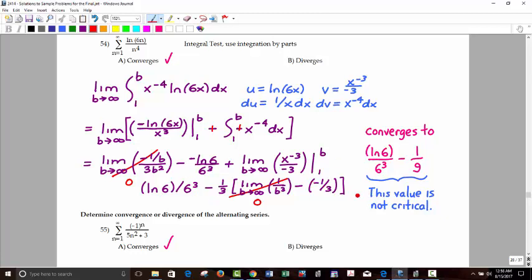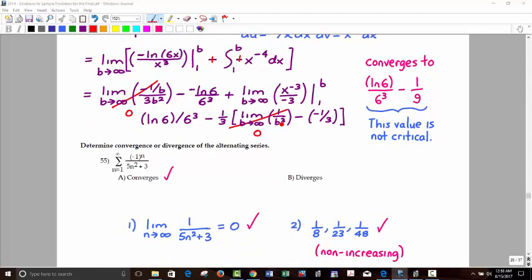So that's enough to mean that if the integral from 1 to infinity converges, the series will converge. So I'm kind of questioning, why do I have that 6 right there? I don't know. I might bring up Maple here and come back to that in a second.